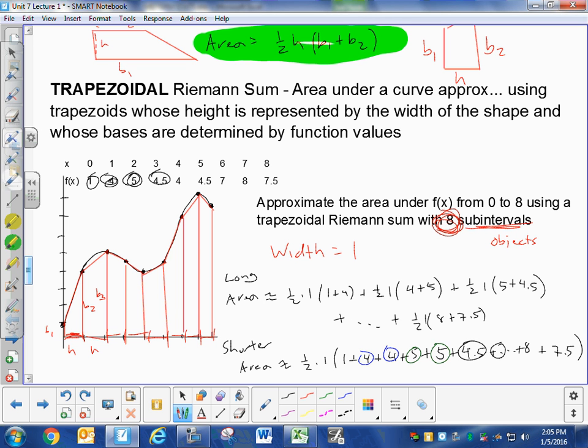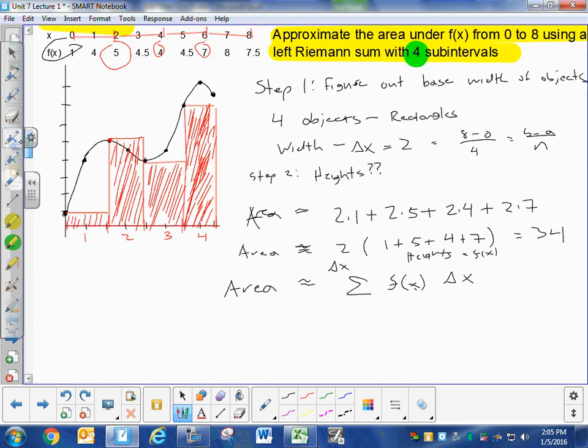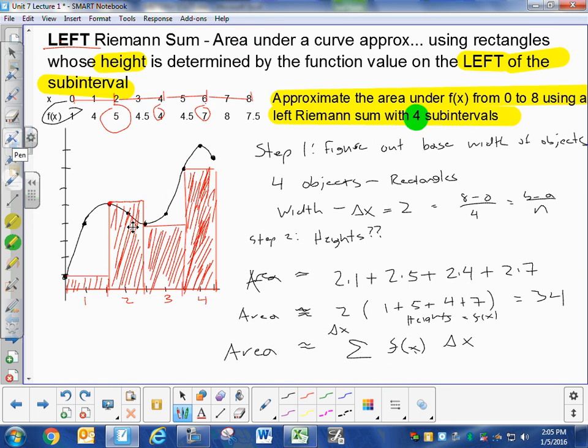Okay? So if I used 8 rectangles here, or let's say I use 16 left rectangles, it's probably going to give me as close a value as using 8 trapezoids. Okay? So that's important to know. More rectangles, the better the approximation.